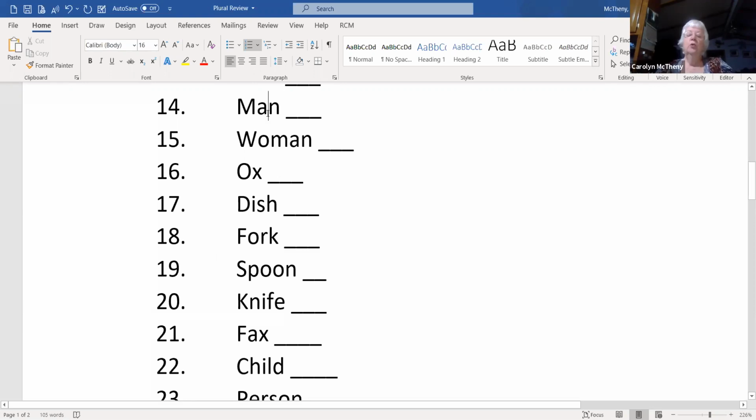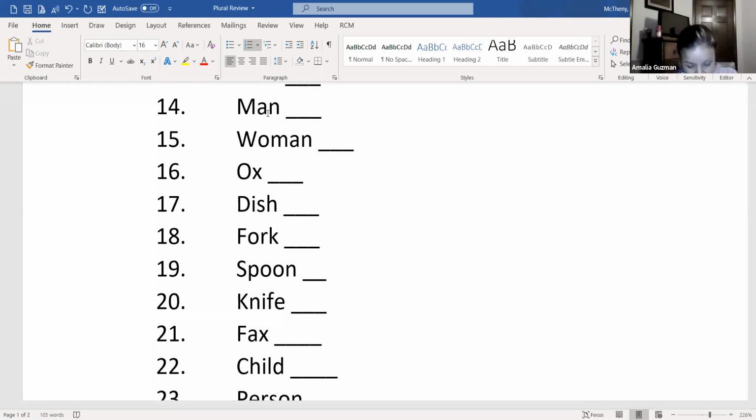Did you look in your rules on page 273? It's in that first yellow box at the top of that page. It's man.